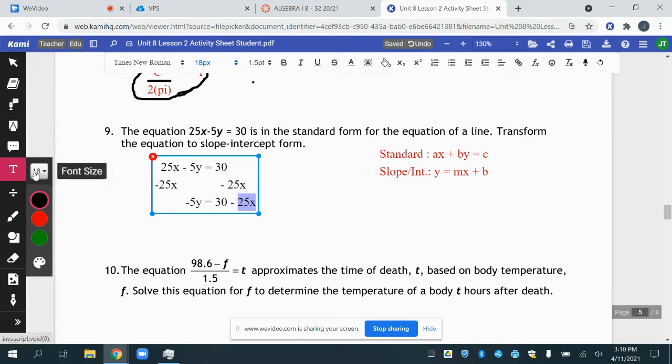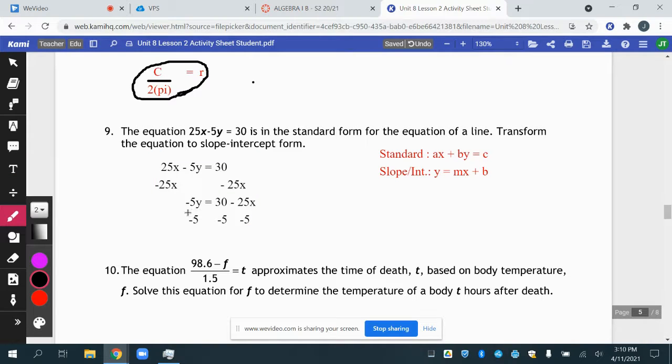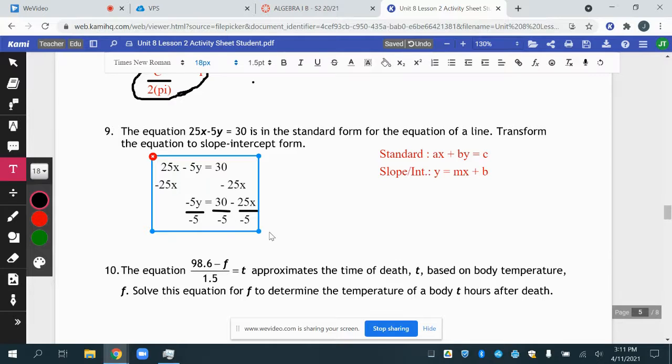So what's that going to look like? Let's do it. I'm going to divide by negative 5, divide by negative 5, divide by negative 5. Clear these guys. All right, so now this is going to be fun. When I divide a negative by a negative, it makes a positive.